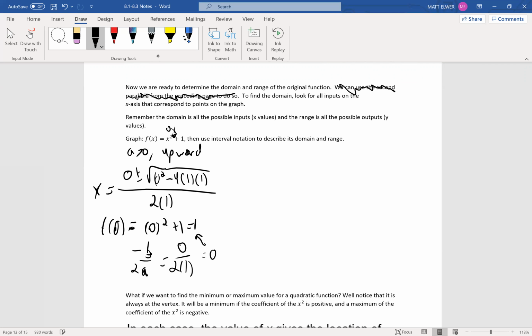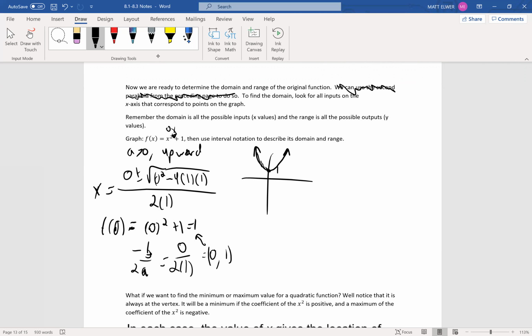It crosses at 1. So my point here is 0, 1. That's where my vertex is. So if I wanted to graph this, I have a point at 0, 1, and I know that it opens upwards, so it's going to look something like that.